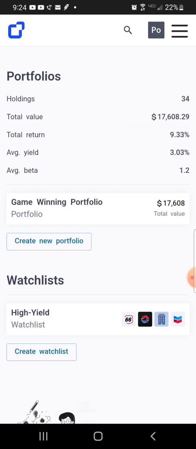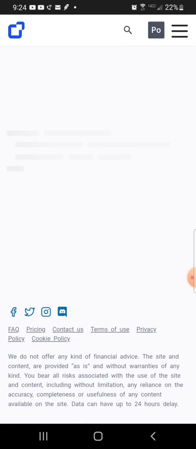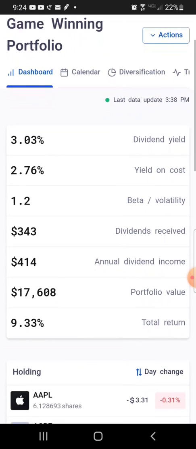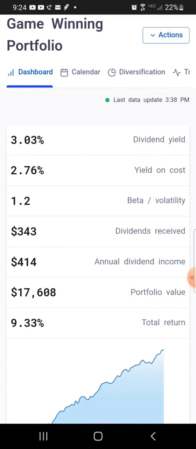Above is my portfolio, and one of the main things a dividend portfolio is supposed to be for is your annual yield. Let me give you a little glimpse. That annual yield is the percentage of dividends you get annually.